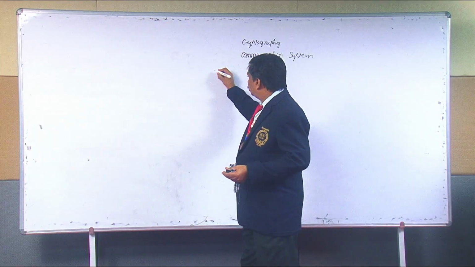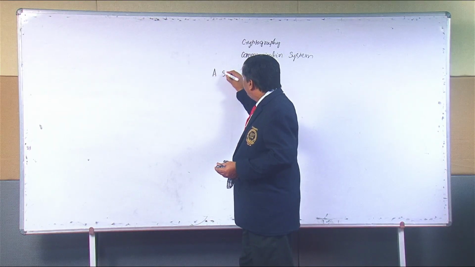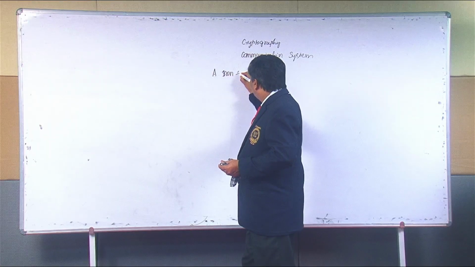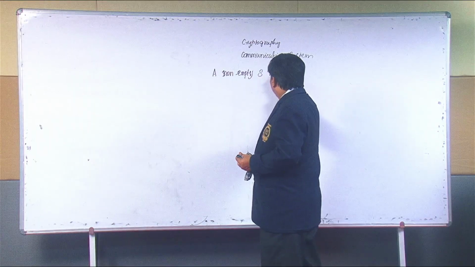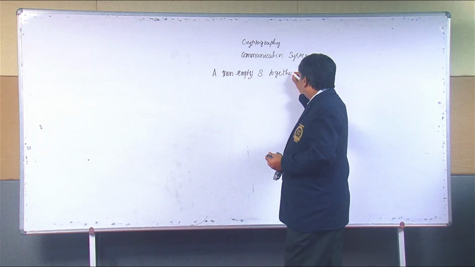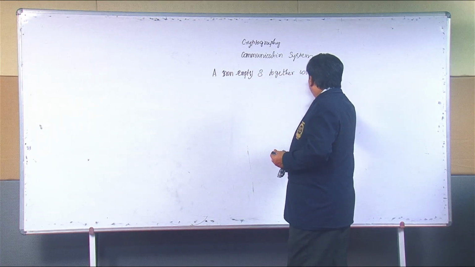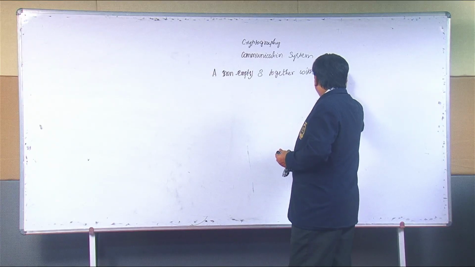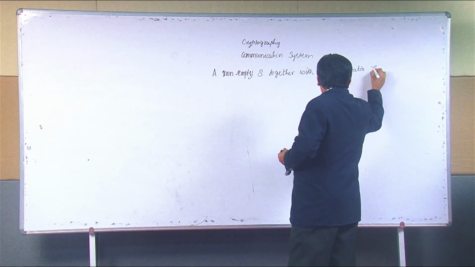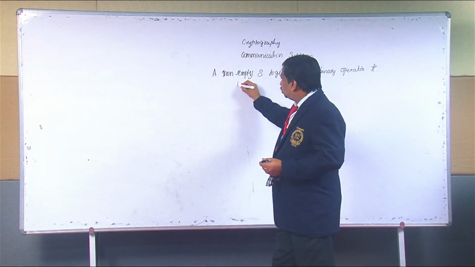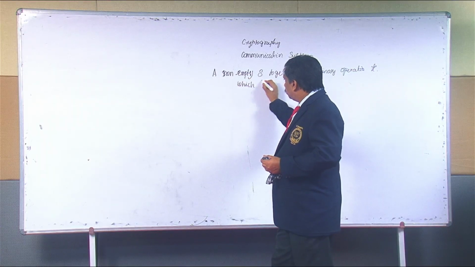The algebraic structure is nothing but a non-empty set G together with a binary operation star, which satisfies the closure property.